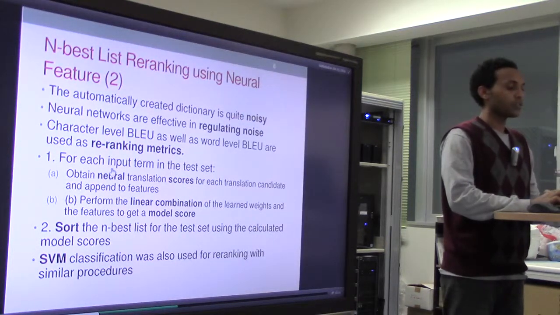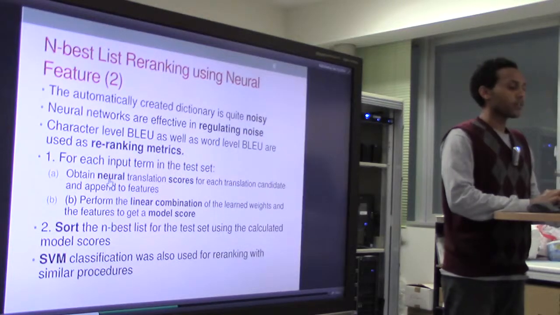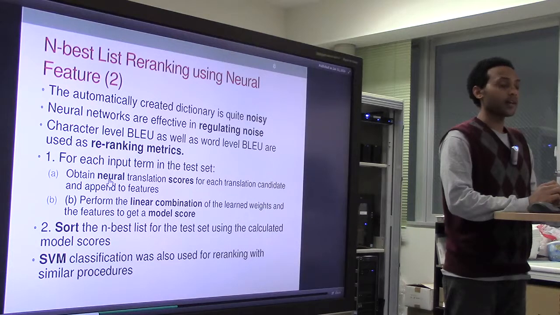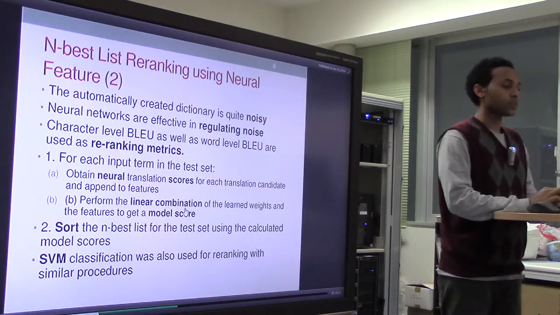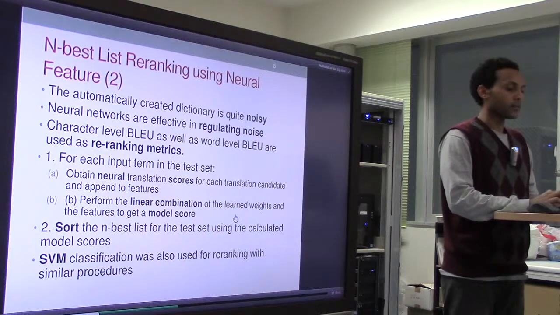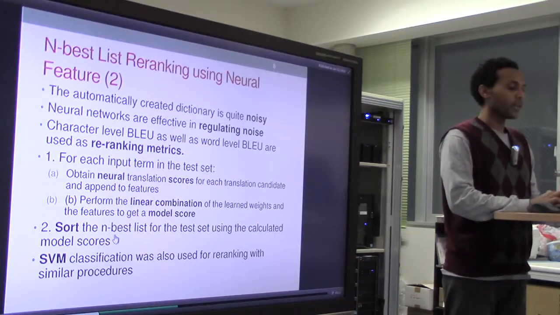So for each input term in the test set, they obtain the translation, the neural translation scores, and it is added as a feature. And linear combination is performed to get a model score. And using this model score, they sort the n-best list from the test set.